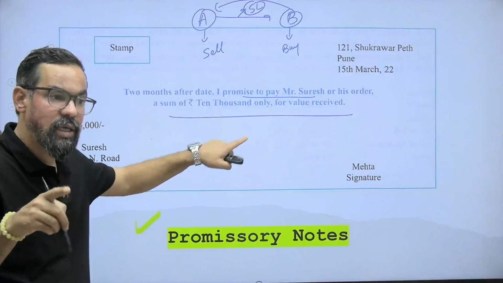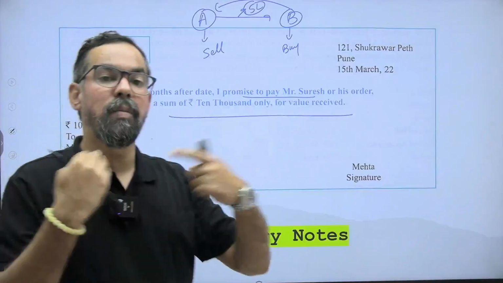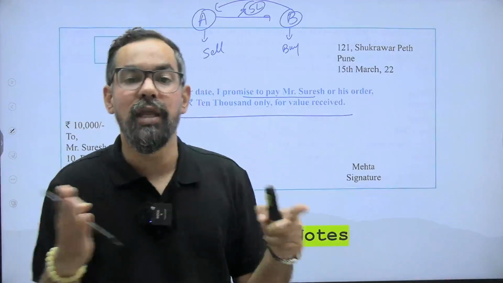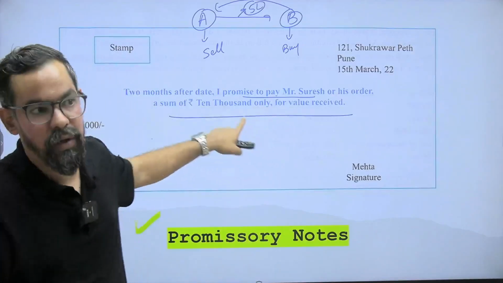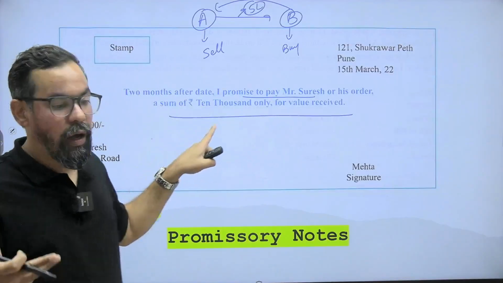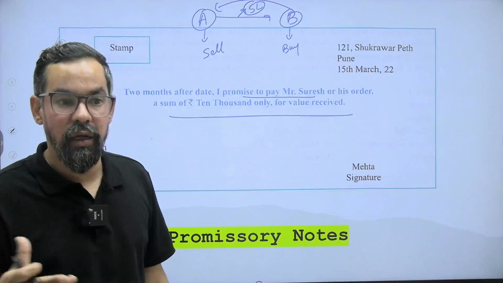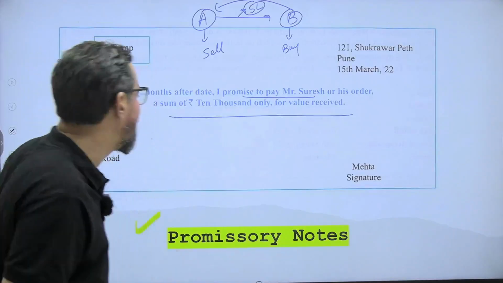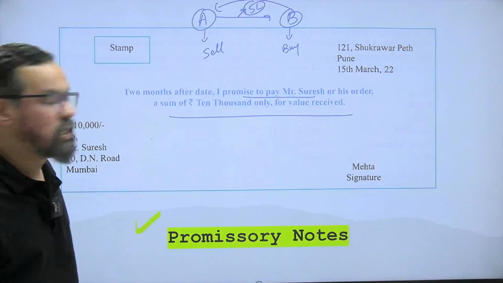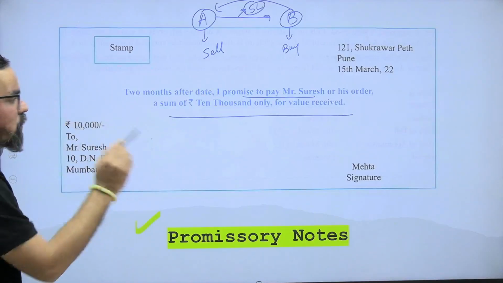In this case, the debtor itself is making the promise, so we do not need any sort of acceptance. Acceptance is not mandatory in this particular case. Even in case of any dishonor, you do not have to route through the notary public and all. Okay? It can be directly challenged. So this is the format of this one.